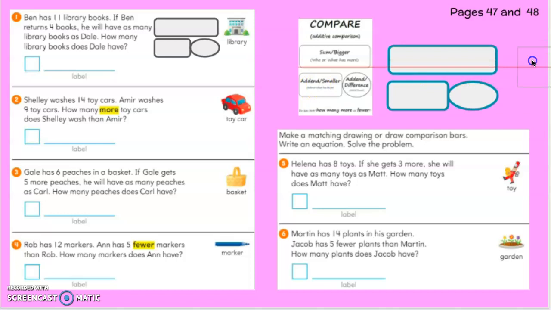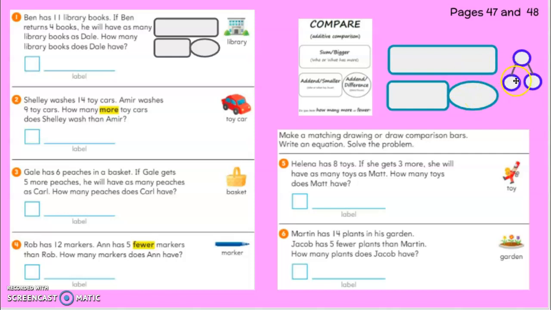But notice again how it's kind of similar to a math mountain, okay? Where our total goes here, the larger number goes here. Parts that equal that total, parts that equal that largest portion, and in this case, this is how many more or fewer.